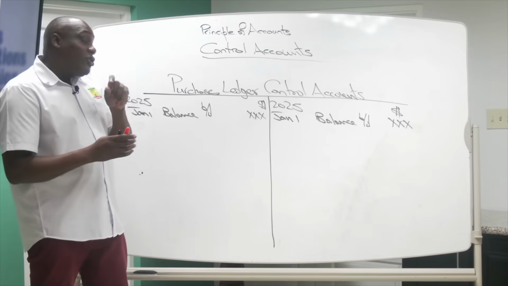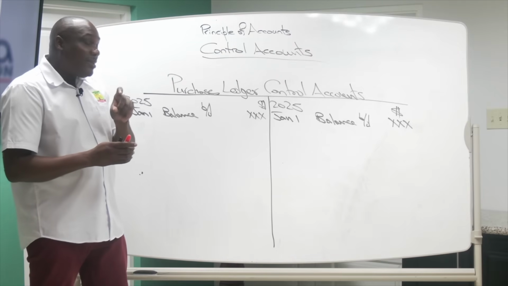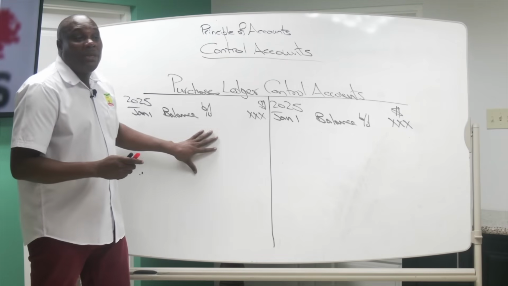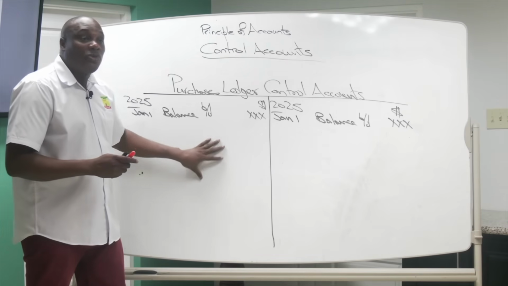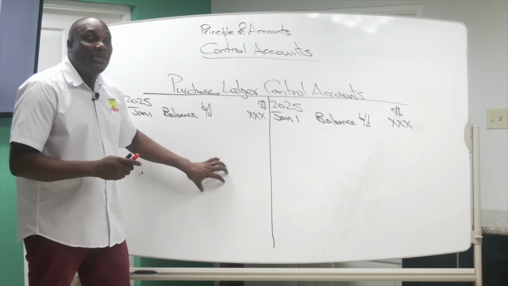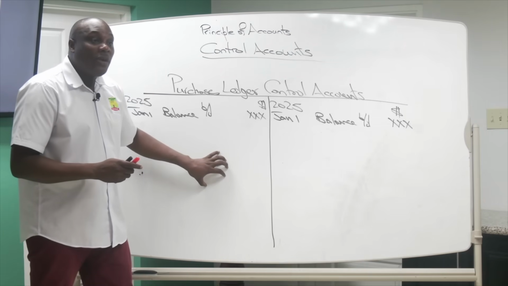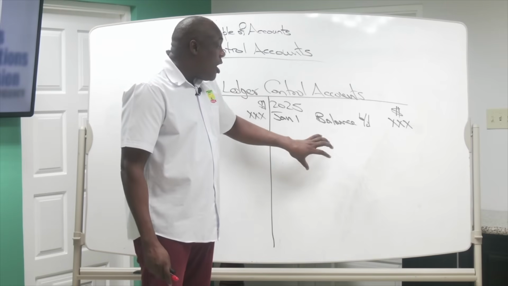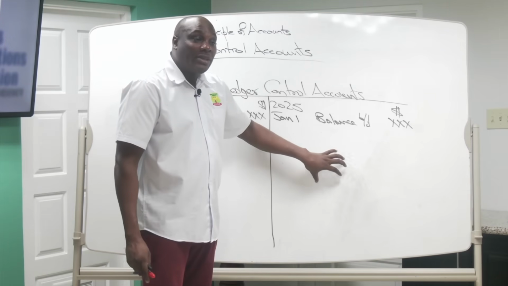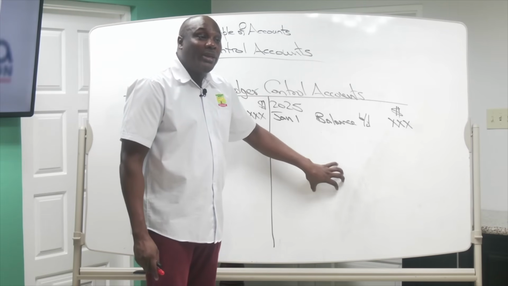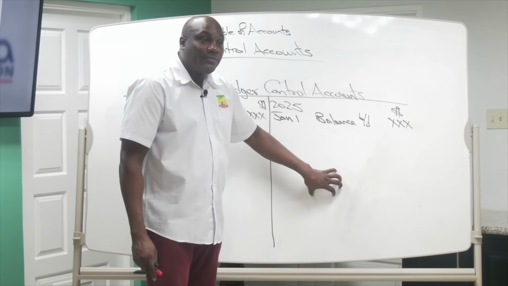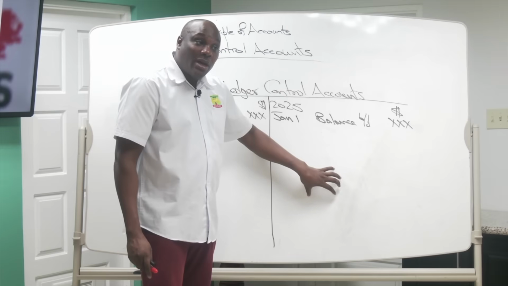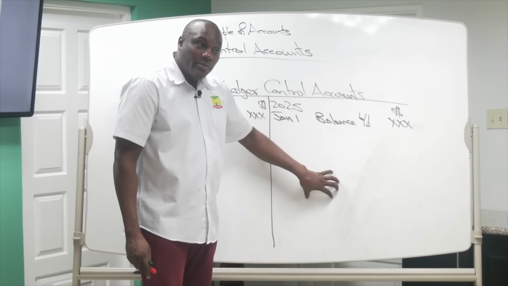However, a reduction in liability is recorded on the debit side. So any item that I put on the debit side of the purchases ledger control account is to reduce the balance of the creditor. And any item that I put on the credit side is to increase the balance of the creditor. Students, candidate, you must understand those simple rules.